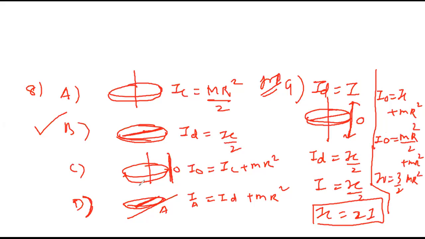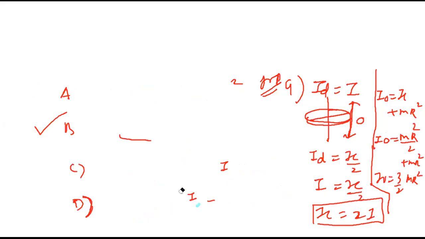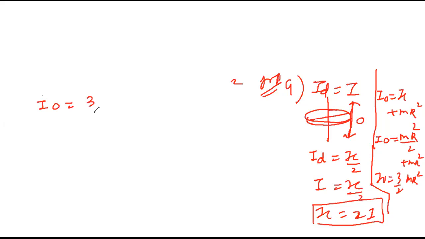But MR square by 2, we all know by this time, for a disk is IC. So the moment of inertia about an axis perpendicular to the plane and passing through the rim will become 3 times IC, because MR square by 2 is IC.